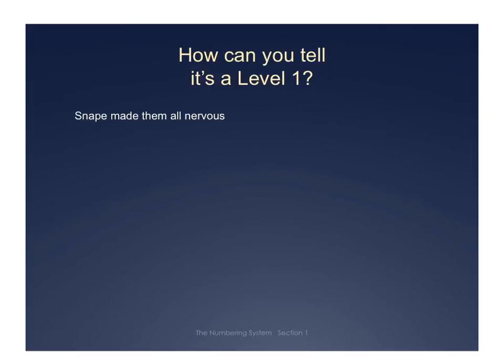How do you know that's a level 1? Here's the trick. Just repeat it and then ask a question like this. Snape made them all nervous, didn't he? That is the little question you ask, and if it all works, you have a sentence. That little question is called a tag. So, to tell if it's a sentence, just tag it.